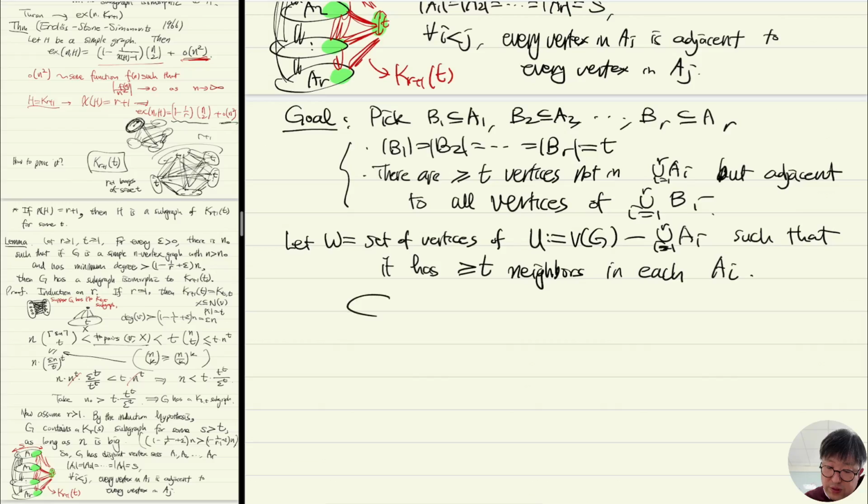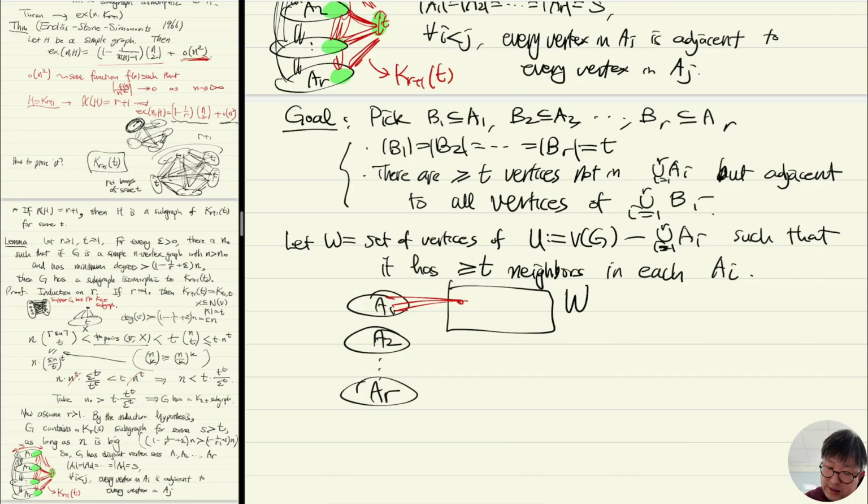Right, so here you have A1, A2, ..., AR, and W is a set of vertices having at least T neighbors in everything. And outside of W, you have the opposite. So you have some Ai where that vertex has less than T neighbors.